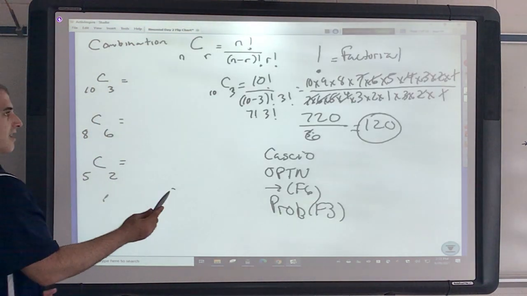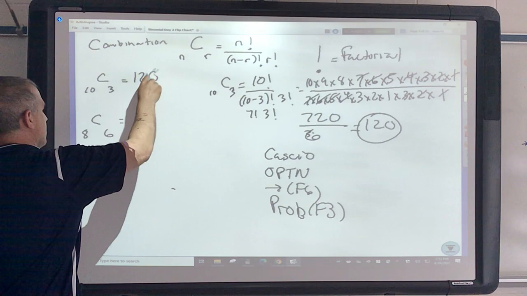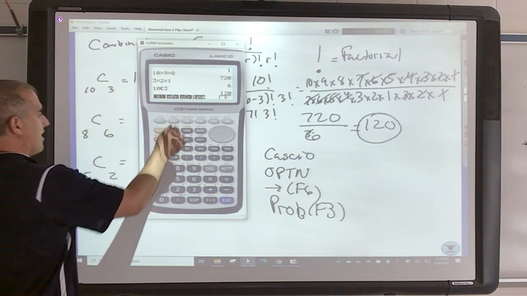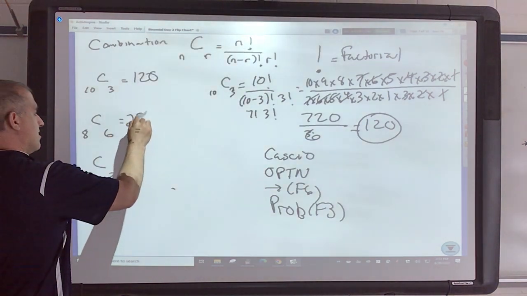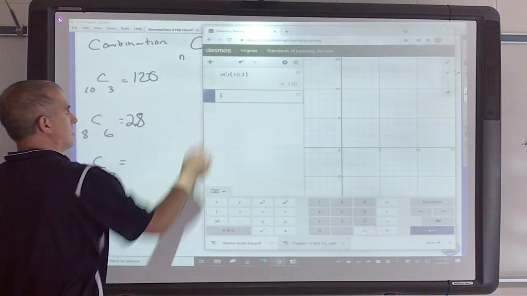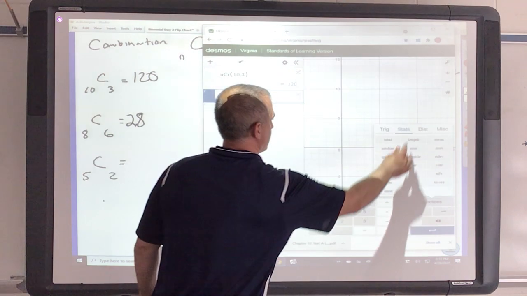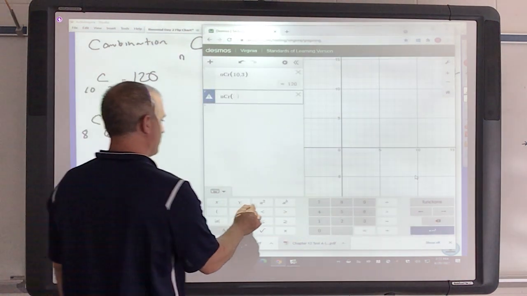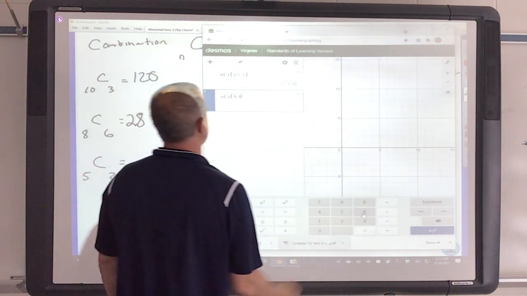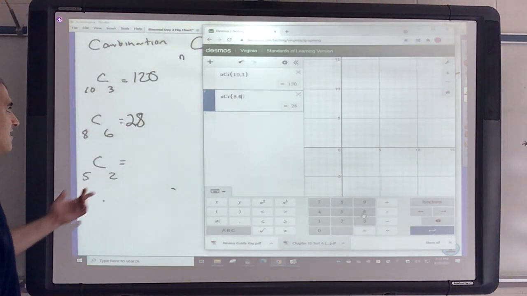Either way, you can get it. So that's 120. Now, if I wanted to get this next one, that's 8 choose 6. That's 28. Using this, I'd be at Functions, Stats, NCR, 8 choose 6. 28. And then 5 choose 2.